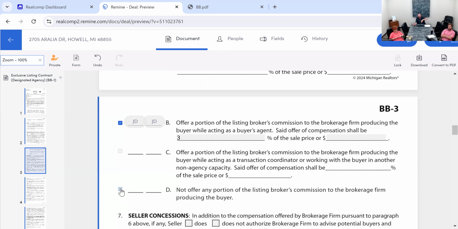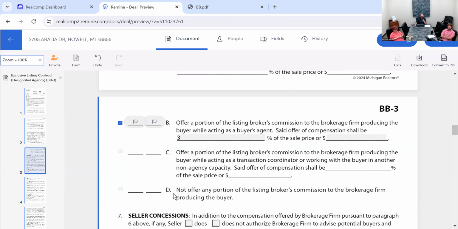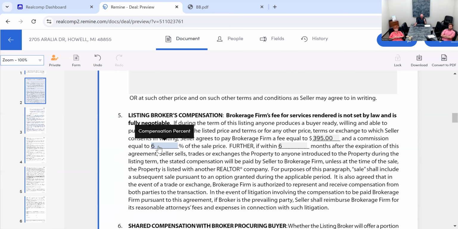If an offer comes in saying, hey, sellers pay 3% to the buyer's agent, they could always agree to do so. They're just not agreeing to it right here. But keep in mind, if you're checking box D, then this number up here is probably not going to be 6, it's probably going to be 3.